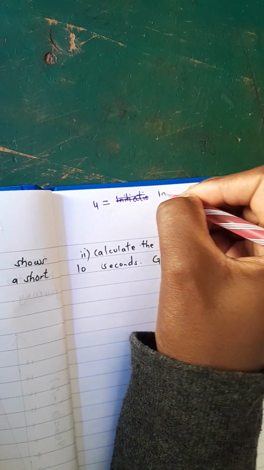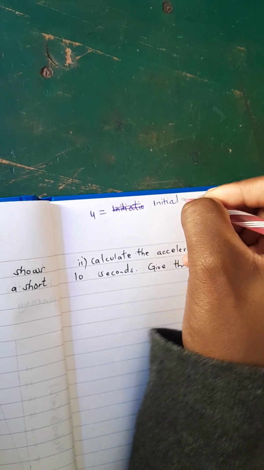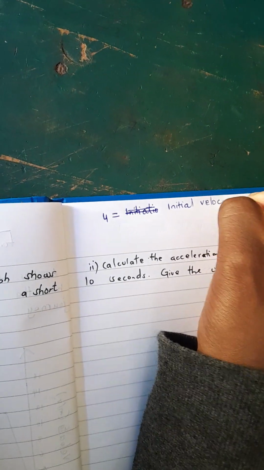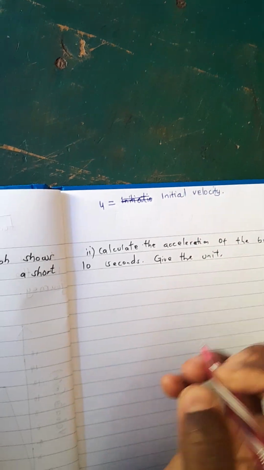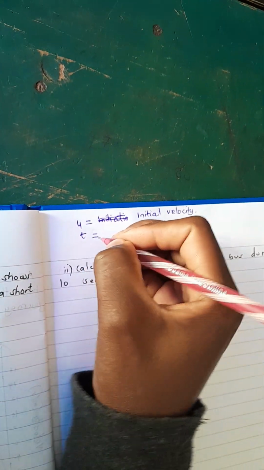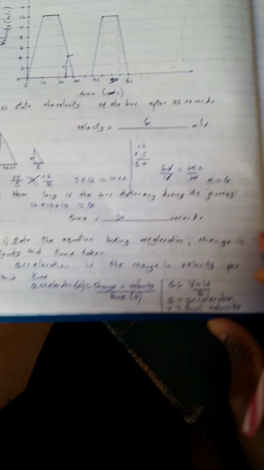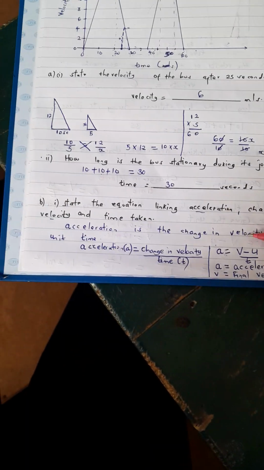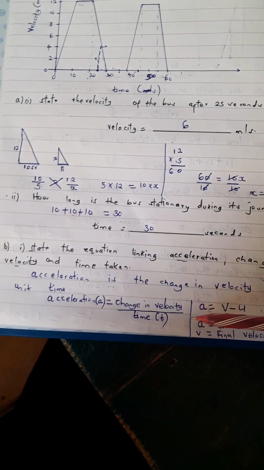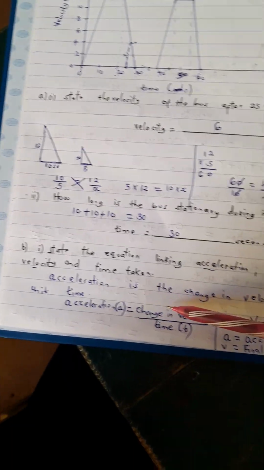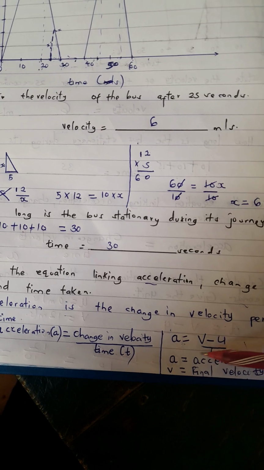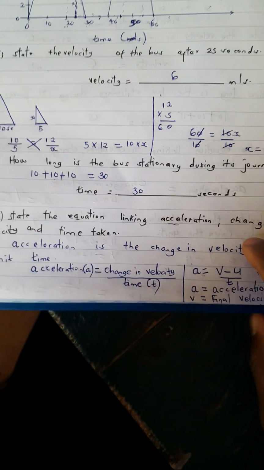U stands for initial velocity. T stands for time. So that is where we come up with the equation that relates acceleration, change in velocity, and time taken, which is acceleration equals change in velocity per unit time.